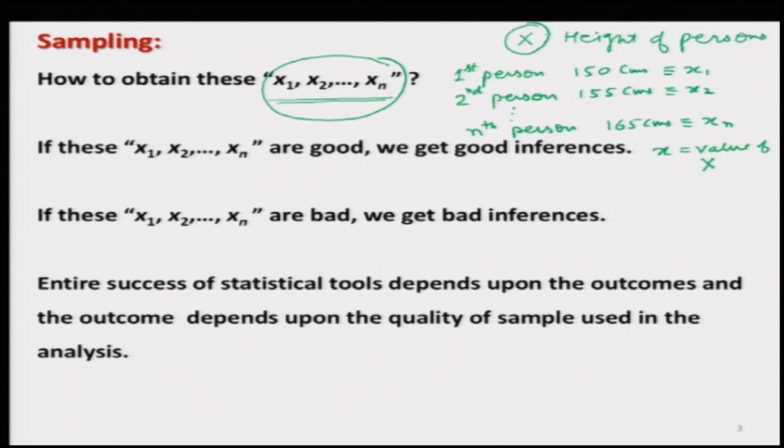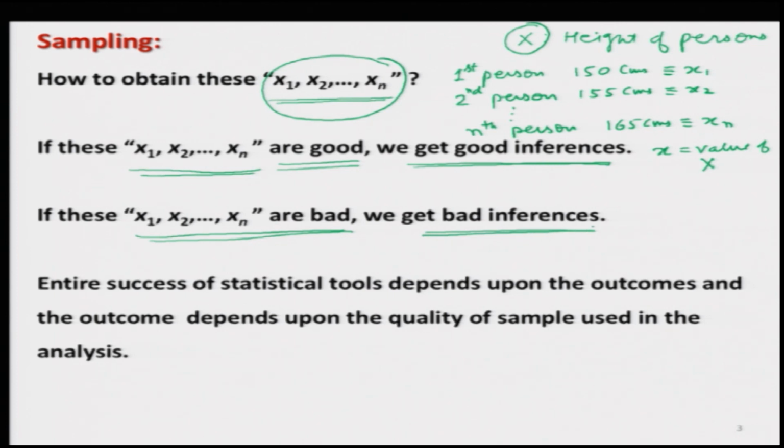So obviously, if the selected sample values x1, x2, xn are good and representative, indicating all the characteristics inside the population, then we will get good statistical inferences. On the other hand, if these x1, x2, xn are bad, then obviously we will get bad statistical inferences.